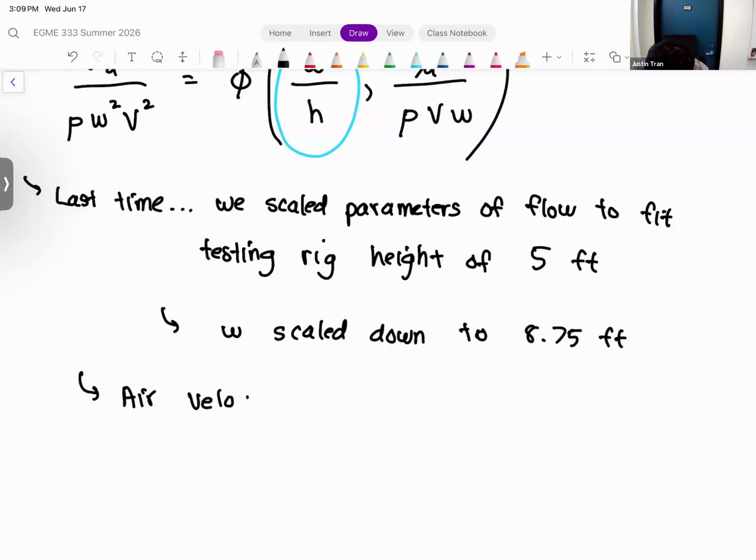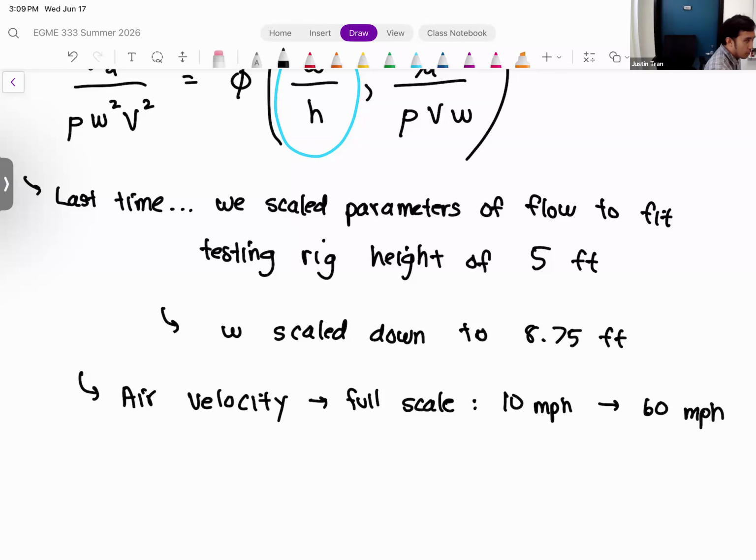We're also going to scale our air velocity. In the full scale situation, the air velocity can vary between 10 miles per hour and 60 miles per hour, which is the average expected winds that this billboard is going to be exposed to.